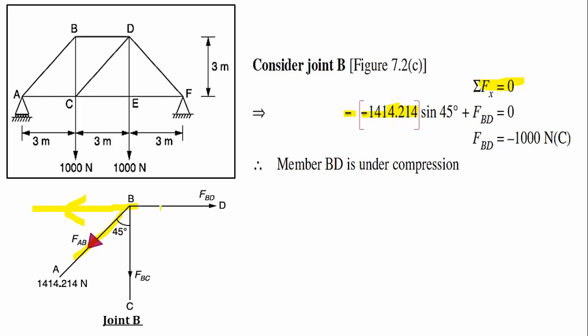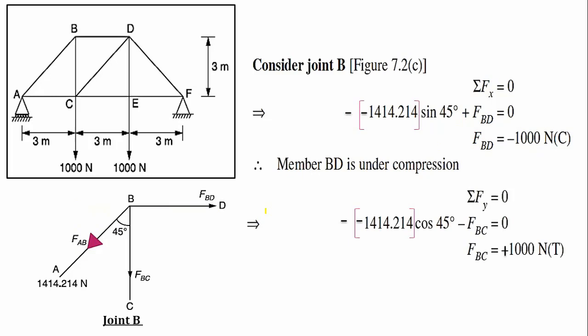Next this F BD is moving away from the joint towards the right side, therefore positive, plus F BD is equal to 0. If you solve for F BD, you will get the answer as minus 1000 newtons. Minus means the member is in compression.